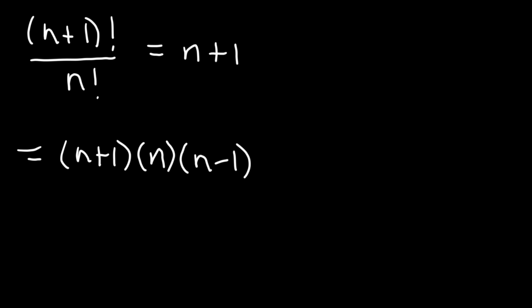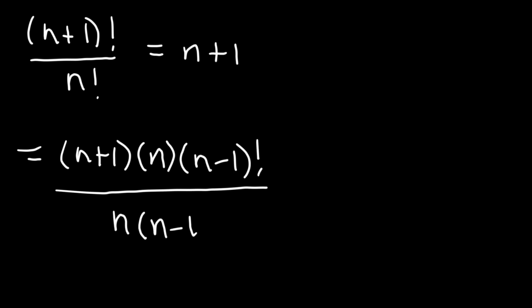And this will keep on going, but for now, let's stop at n minus 1, so we shall add factorial, divided by n factorial, which is the same as n times n minus 1 factorial. This will cancel with that, and also this n will cancel with this, and so we shall remain with n plus 1.